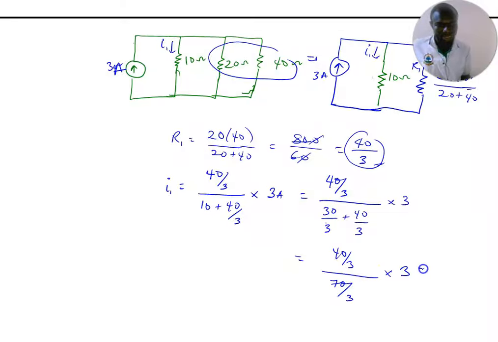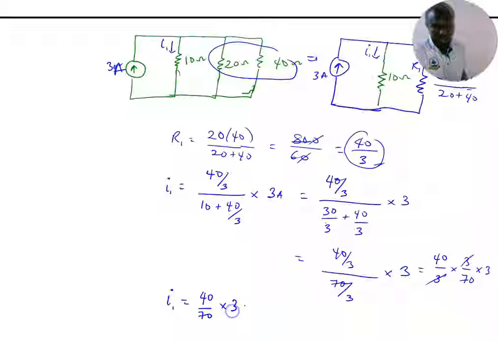And this is similar to finding the reciprocal of this. So 40 over 3 times 3 over 70, times 3. So this 3 cancels this 3. So at the end of it, I1 is simply going to be 40 over 70 times 3, which is the same as 4 over 7 times 3.